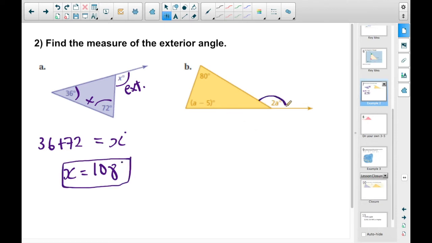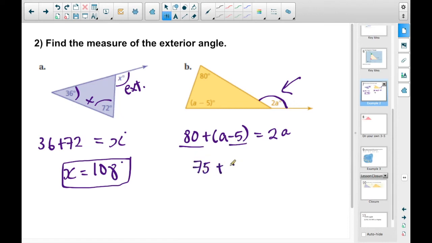Find the measure of the exterior angle right here. We have two non-adjacent, which is not next to, interior angles. 80 plus a minus 5 is equal to 2a. We're looking for the outside angle. So, combining like terms, 80 minus 5 is 75, plus a is equal to 2a.